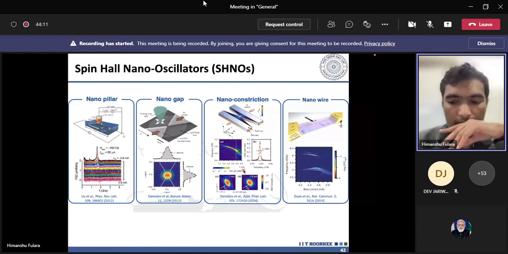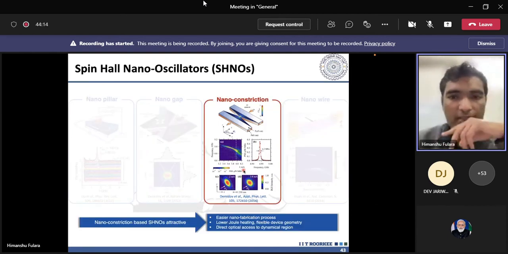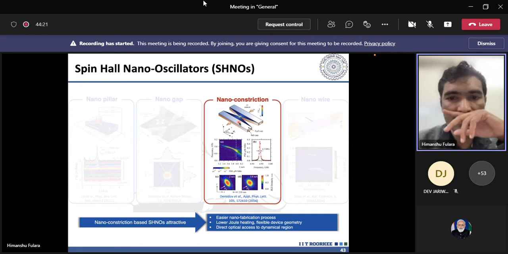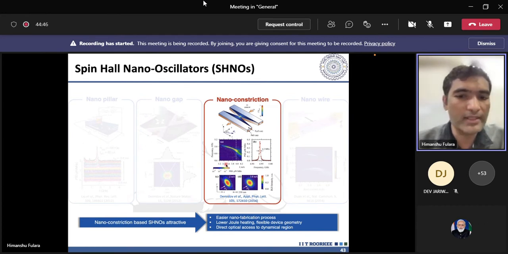Among these possible geometries, this geometry has attracted a lot of attention over the last 5 to 6 years. Why? Because this geometry allows very different kinds of access, like you can access this area optically, so you can study these devices optically also. It also requires an easier nanofabrication process, so it's easier to fabricate, and it has shown very low energy consumption, because these devices can be operated with a current of less than 10 milliampere.